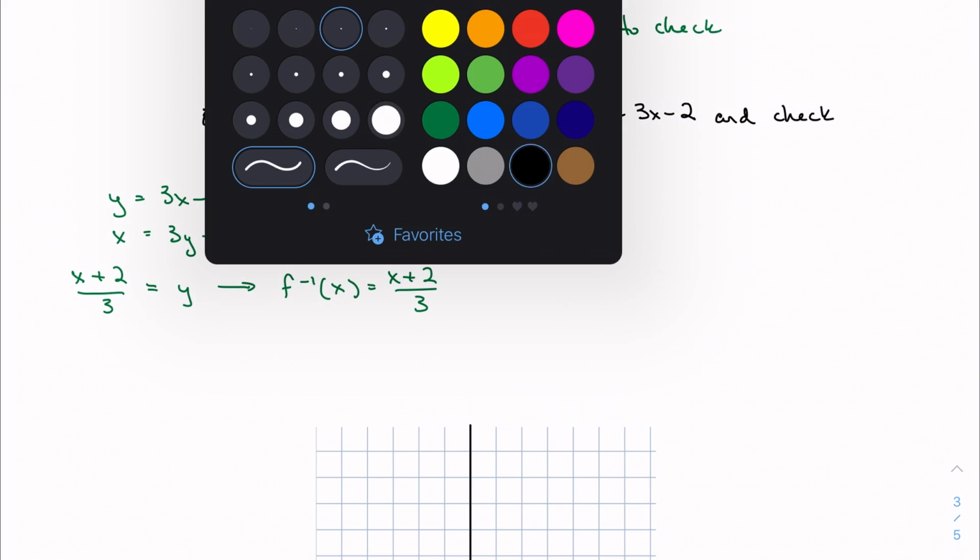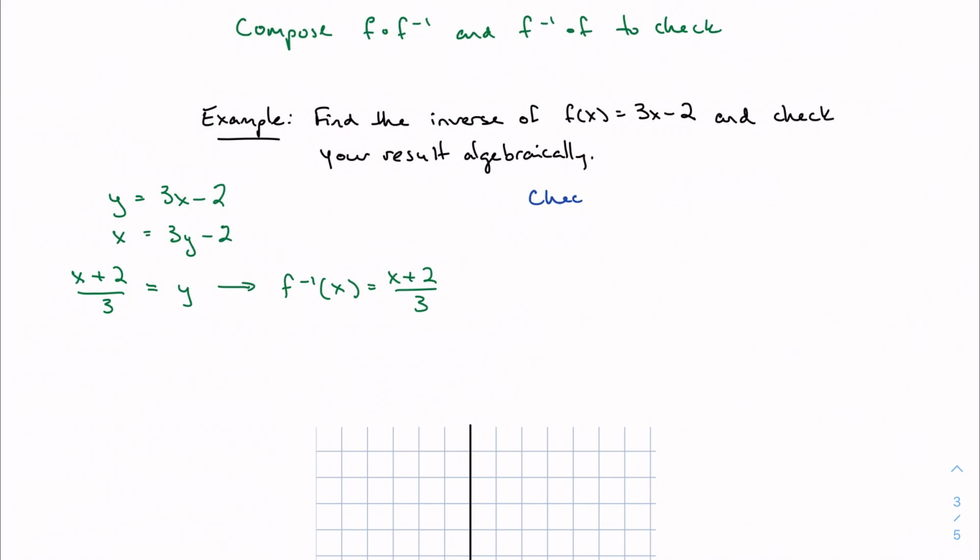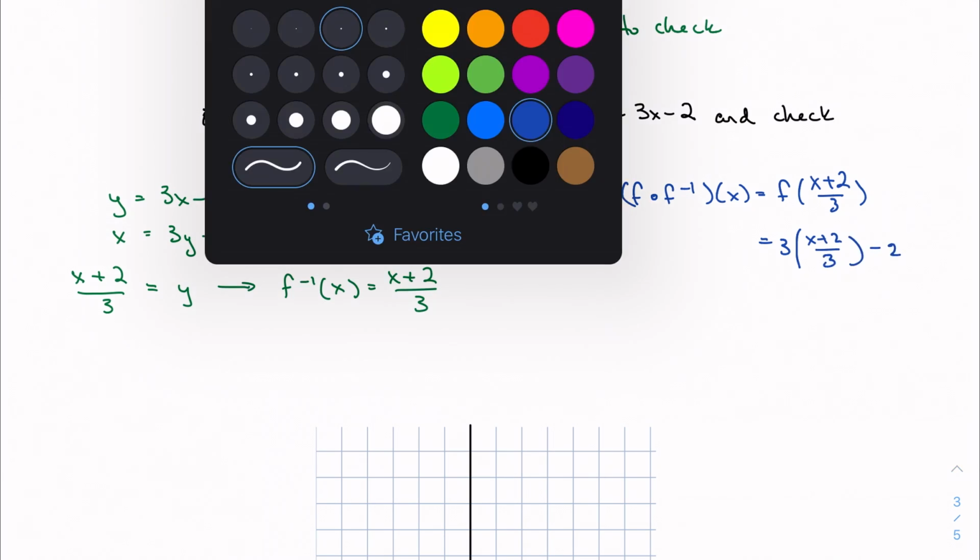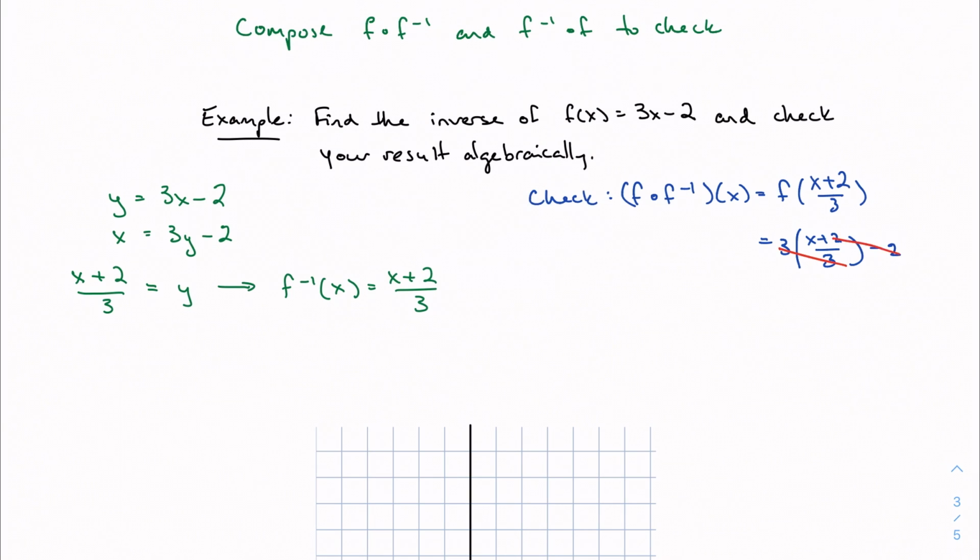Let me use a different color here, and I'll check our result as well. I want to check first by composing f with f inverse. So I'm going to take f of our inverse function. I get 3 times x plus 2 over 3, minus 2. Well, we know that the 3's will cancel, the 2's will cancel. I'm left with x.